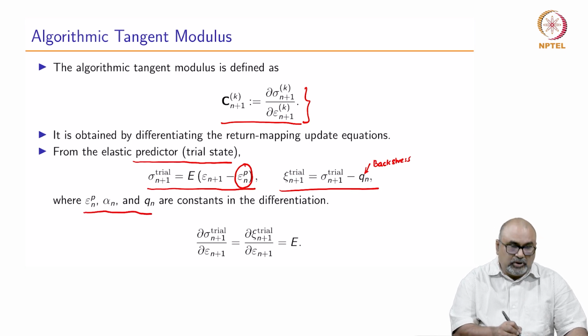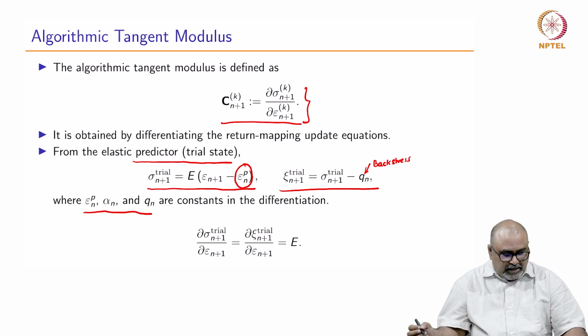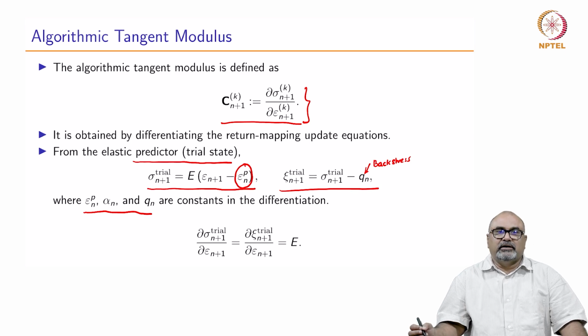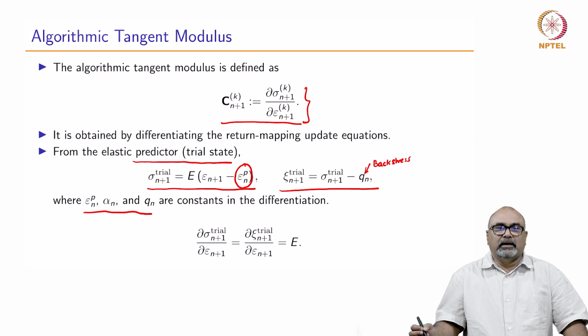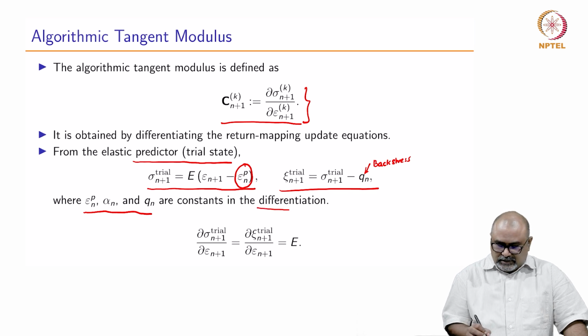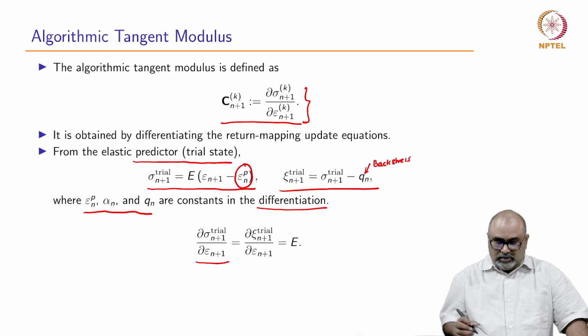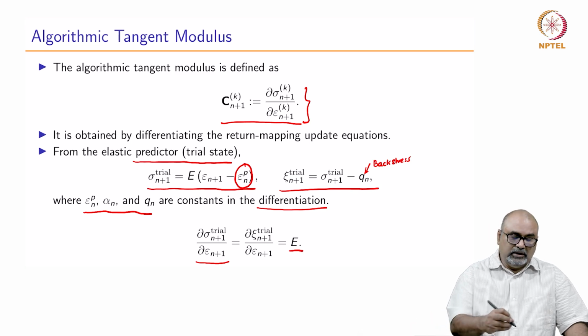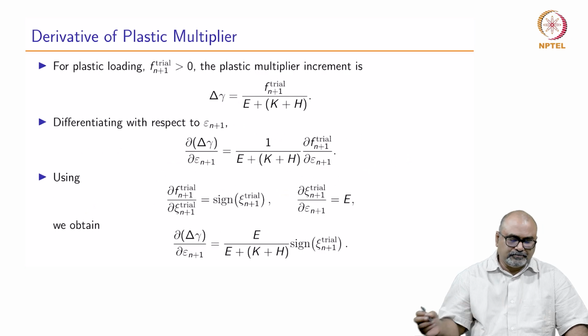Because the plastic process is frozen, the plastic strain ε_{n+1}^p, the isotropic hardening variable α_n, and the kinematic hardening variable in terms of back stress q_n are all constants in differentiation and are taken from the previous steps. And ∂σ_{n+1} trial/∂ε_{n+1} is going to give you the modulus of elasticity E.